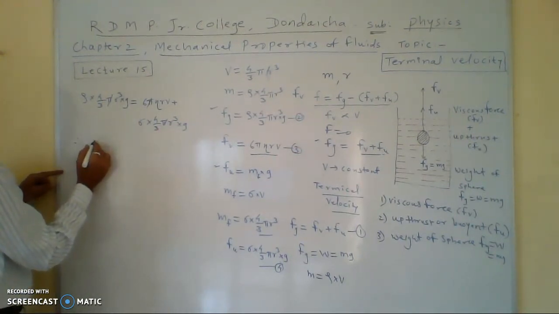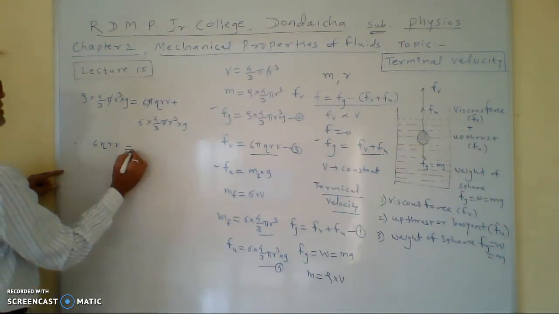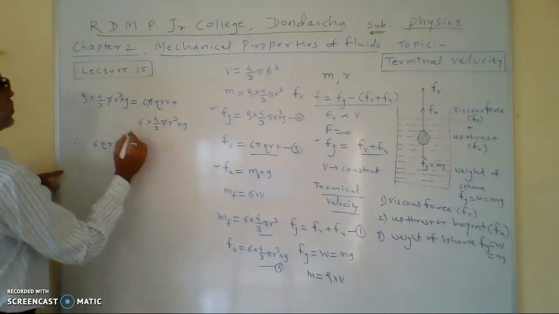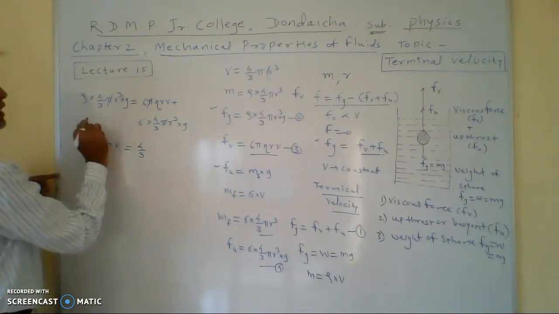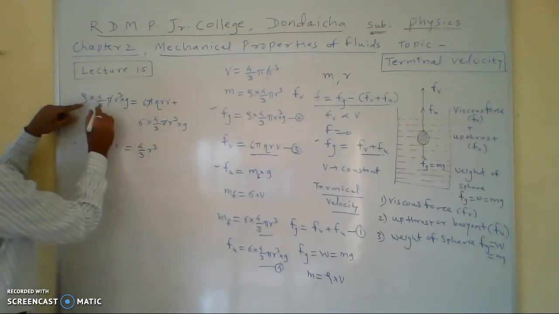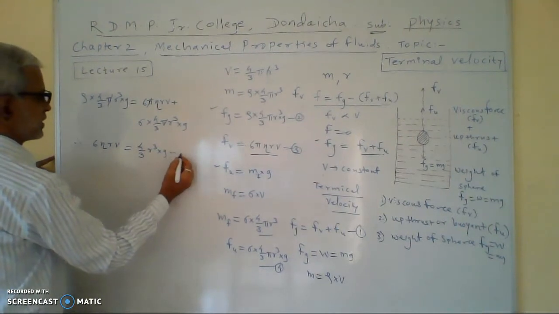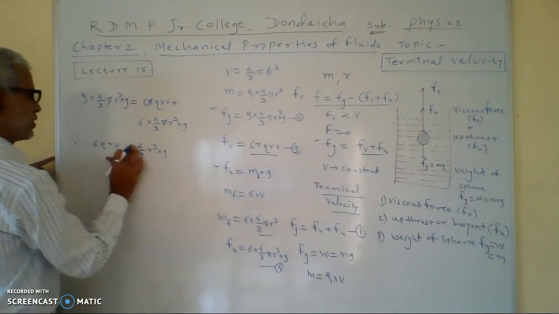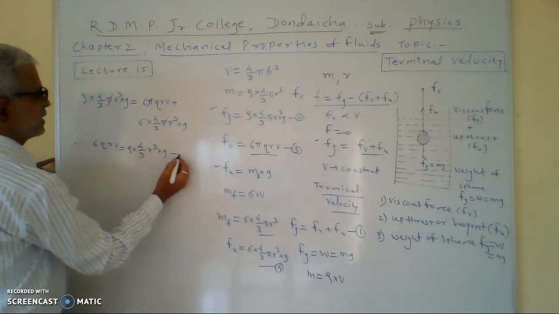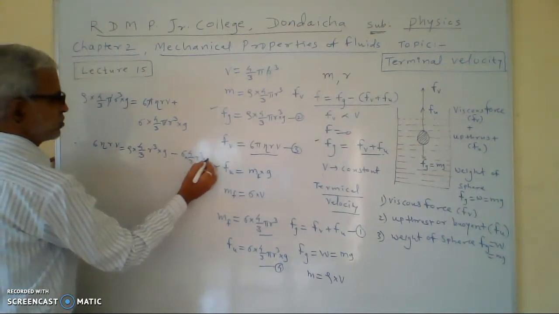So we can write 6 eta r v is equal to rho into 4 upon 3 r cube into g minus sigma into 4 upon 3 r cube into g.